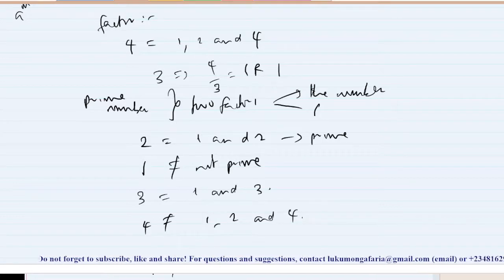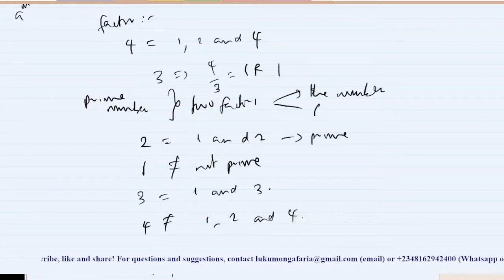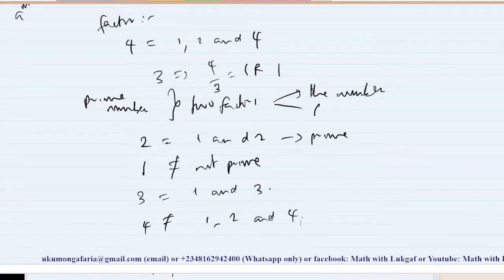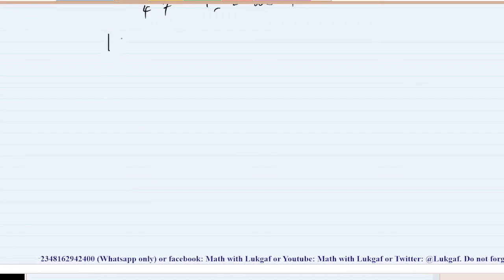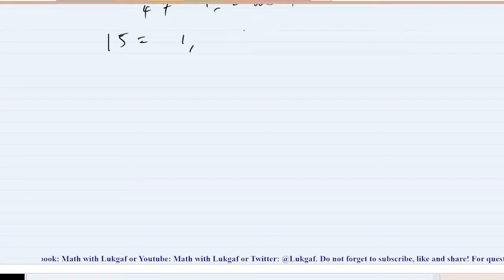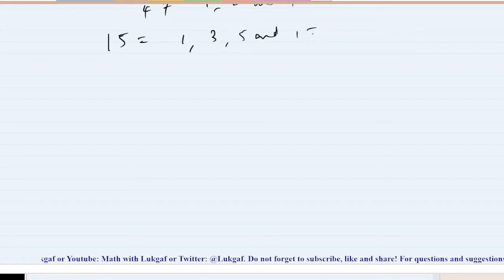You understand now? So when you have a number, take for example 15. You know the factors of 15 are 1, 3, 5 and 15 itself.